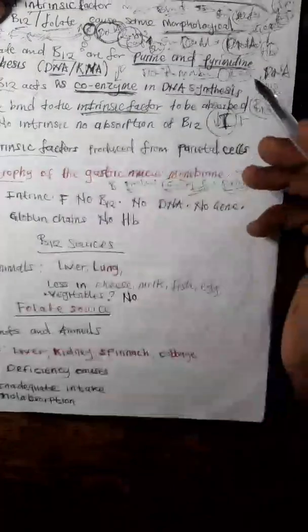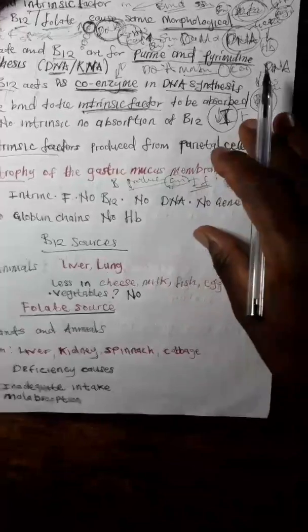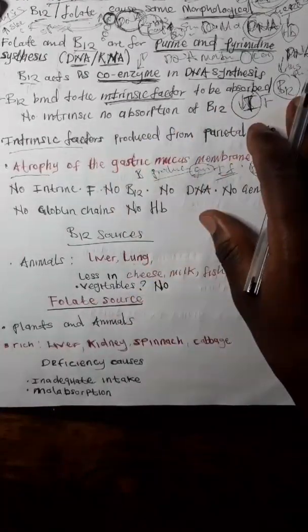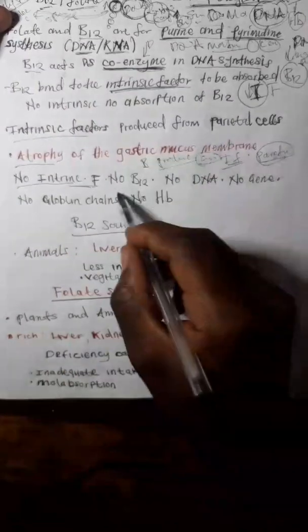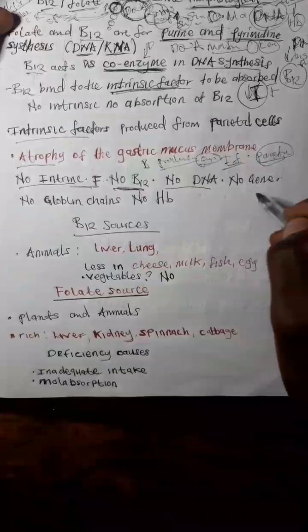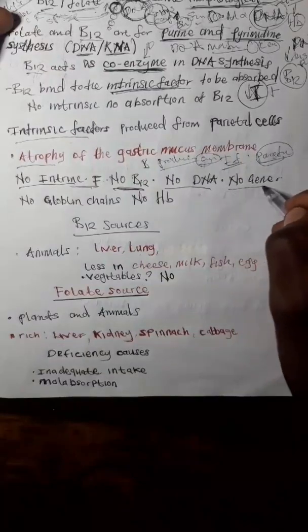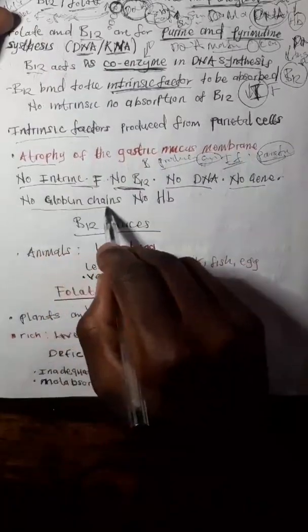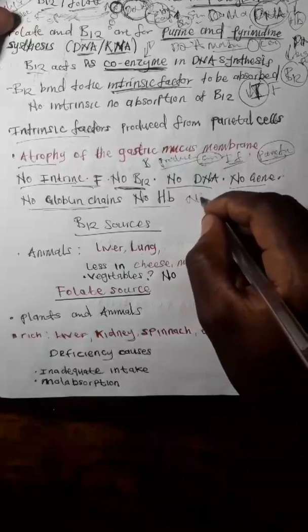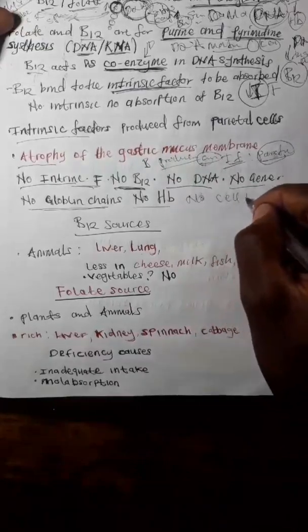So the atrophy, the decrease in cell formation, of the gastric mucous membrane of the stomach. This means no intrinsic factor, no B12, no DNA, no gene, no hemoglobin, no globin chains. Okay, so no cell maturation.